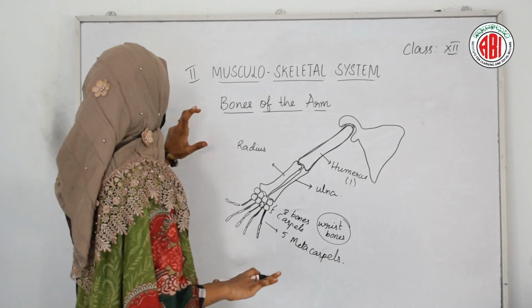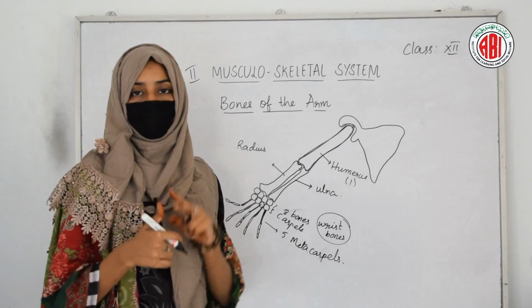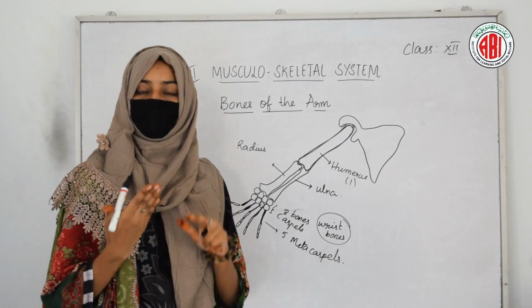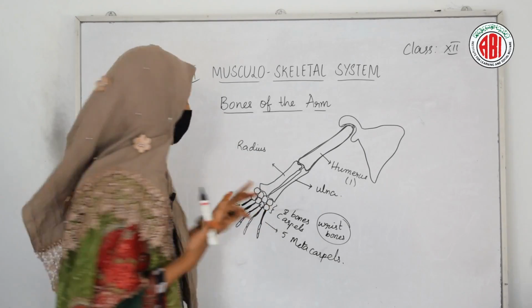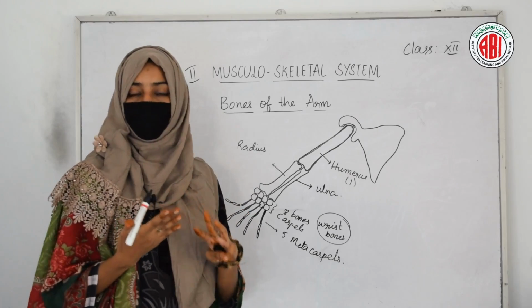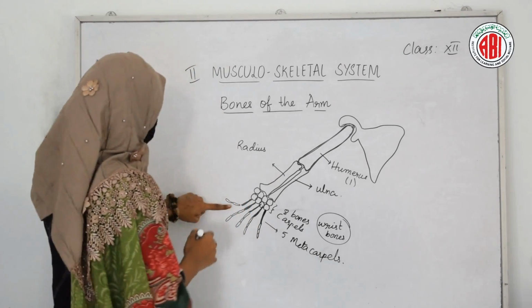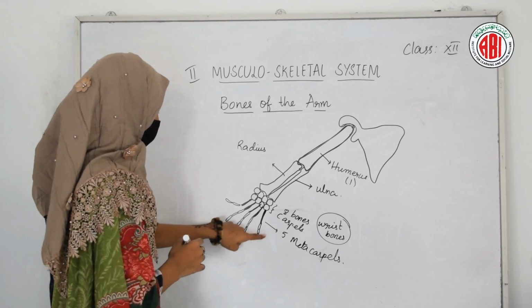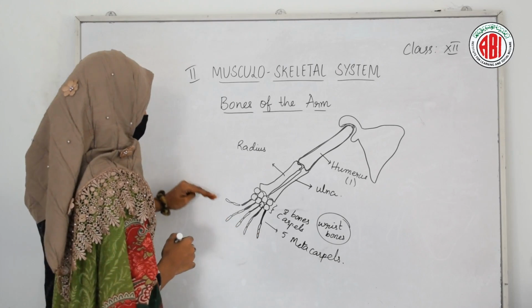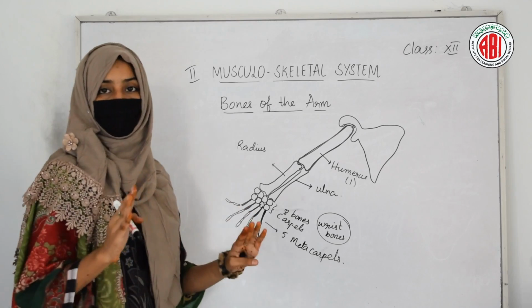Now in our thumb 2 bones are found and in each of our fingers 3 bones are found. So 2 in the thumb, 3 in each of the 4 fingers, right? So 12 plus 2, 14.